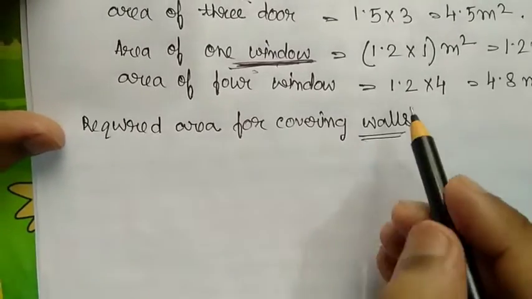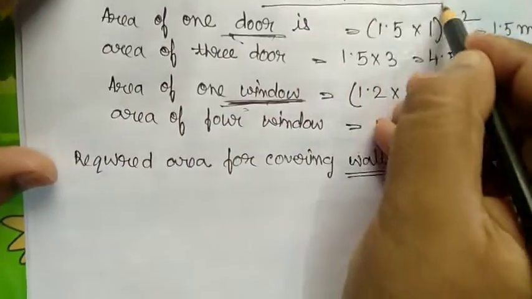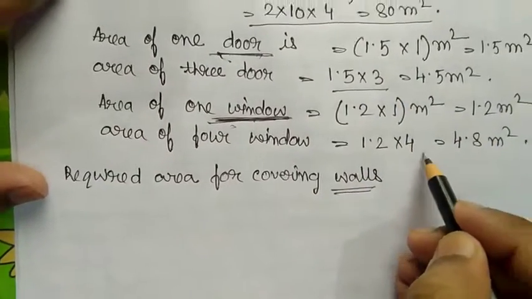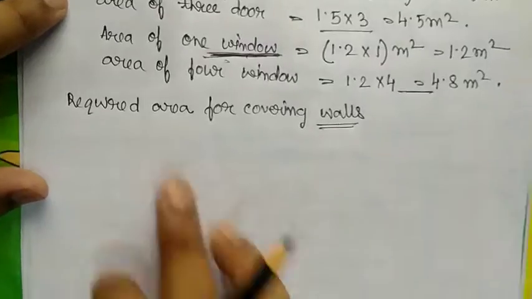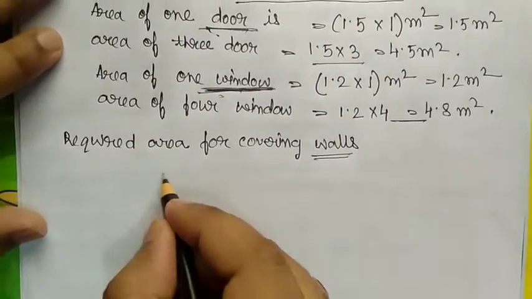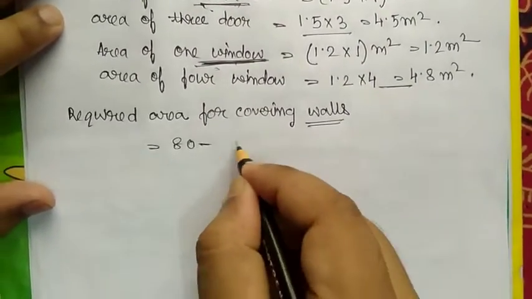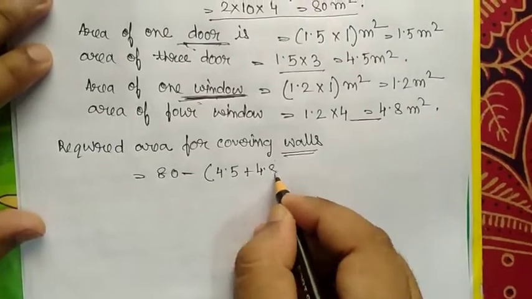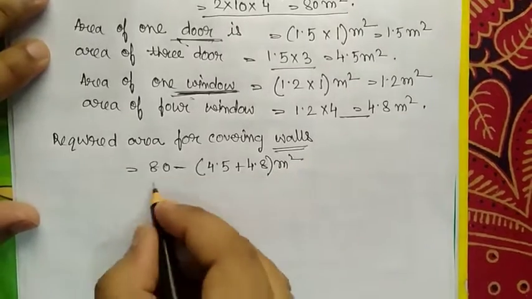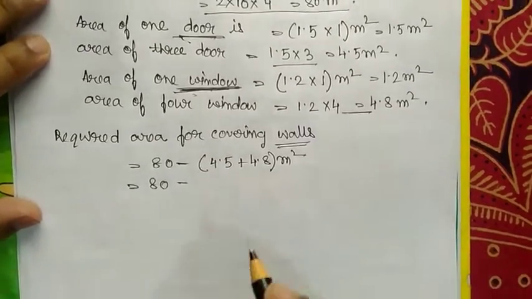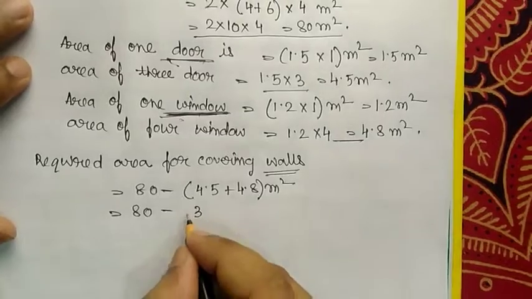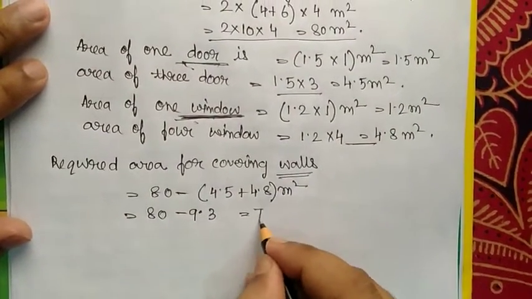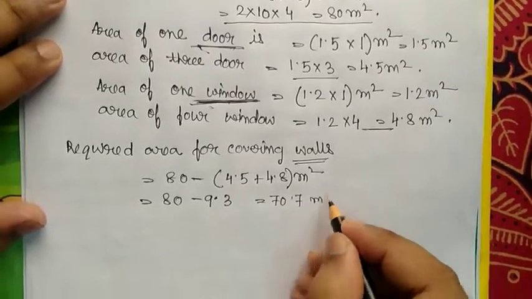So therefore from the total area of the walls we have to subtract the area of the 3 doors and the area of the 4 windows. So the required area for covering walls equal to 80 minus (4.5 plus 4.8) meter square. So 80 minus 9.3, it should be 70.7 meter square.